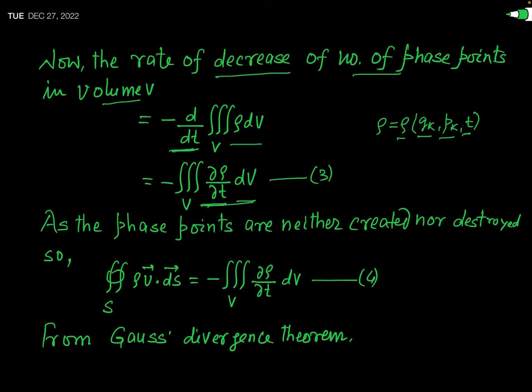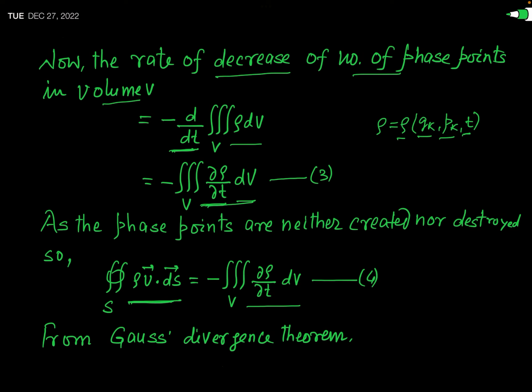You have calculated that this integral over S of rho v dot dS represents the total number of phase points moving out through the surface, and this minus integral over V of del rho by del t dV represents the number of phase points decreased per second inside the surface S. So these two will be equal because the phase points are neither created nor destroyed.